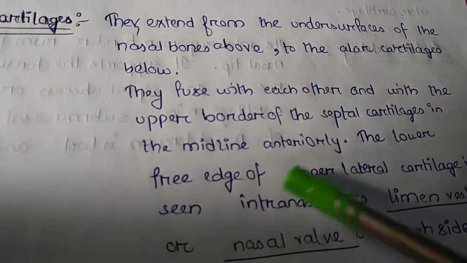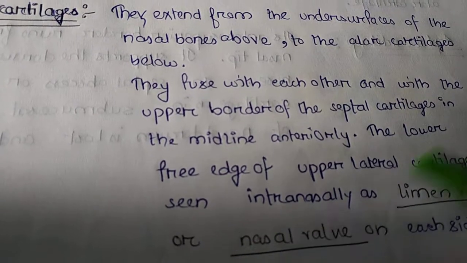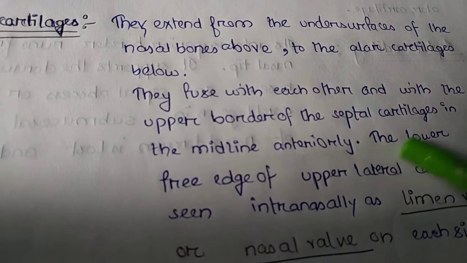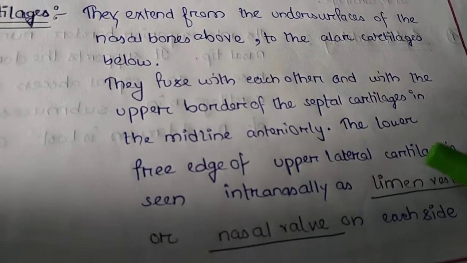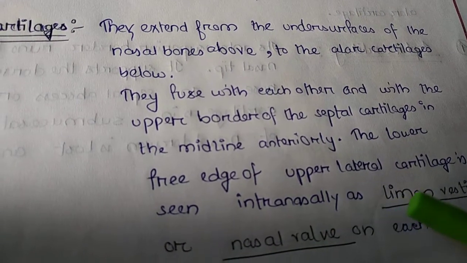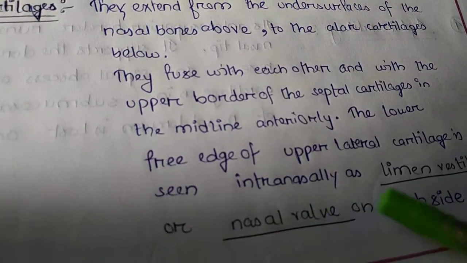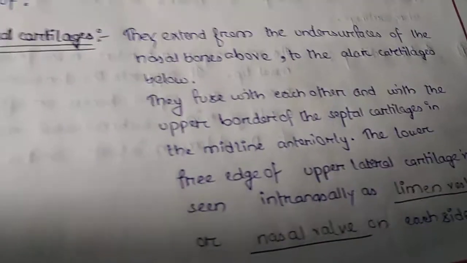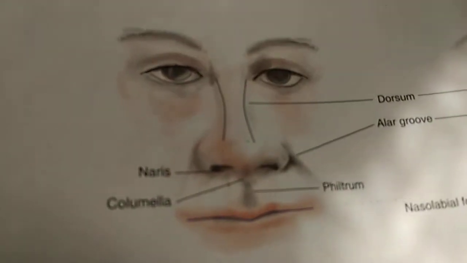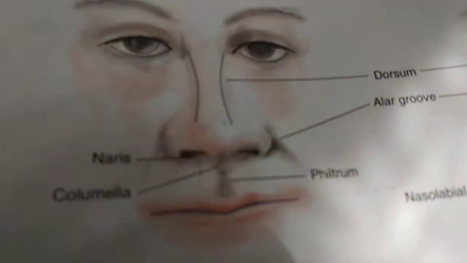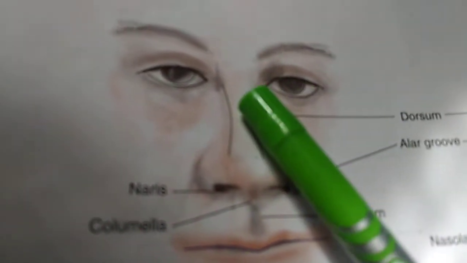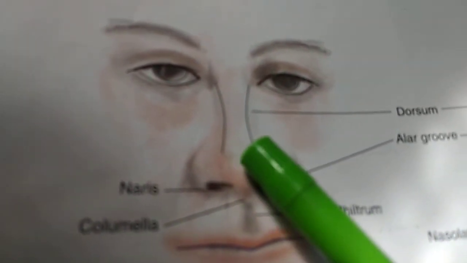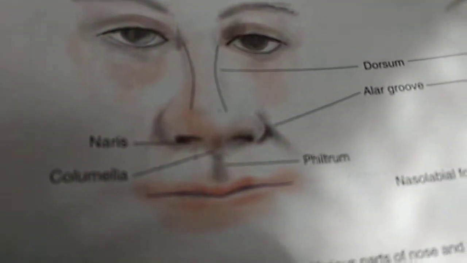If we see intranasally from inside the nose, the lower free edge of the upper lateral cartilage is seen as the limen vestibuli or nasal valve on each side.